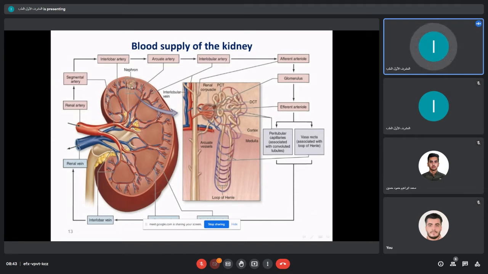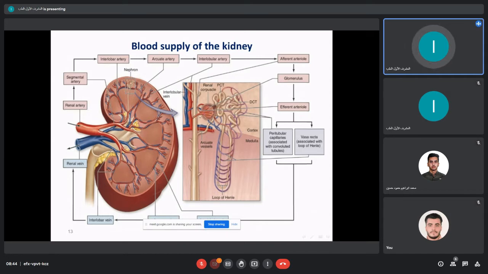This is a magnification of this part, the nephron part of the cortex again, and the medulla at higher magnification. This is the cortex, this is the medulla, and this is the interlobular artery that has branched from the arcuate artery. The interlobular artery will give branches, which are the afferent arterioles, into the renal corpuscles.